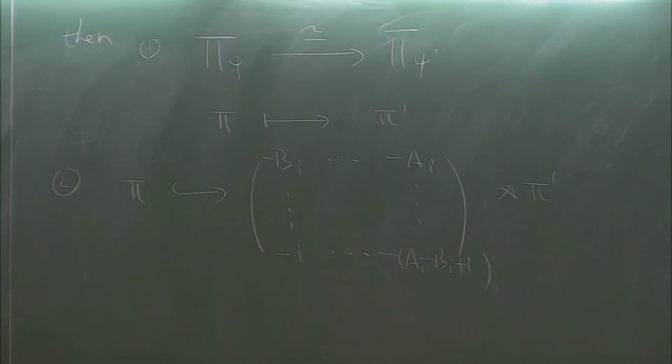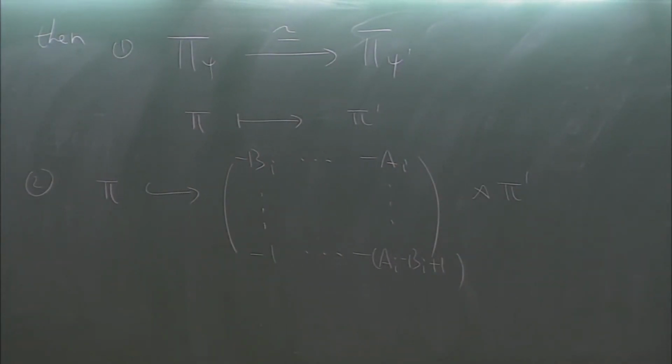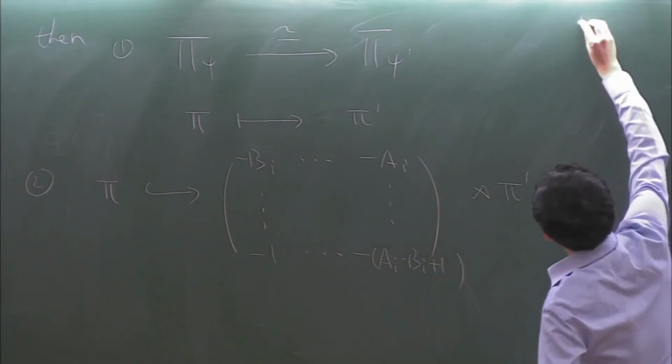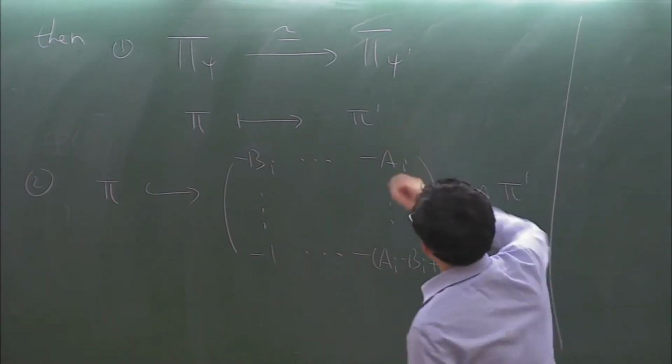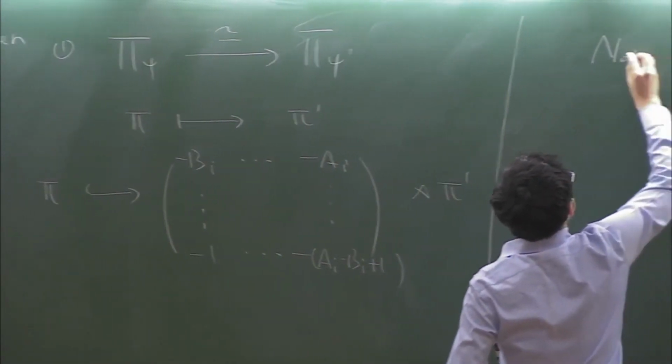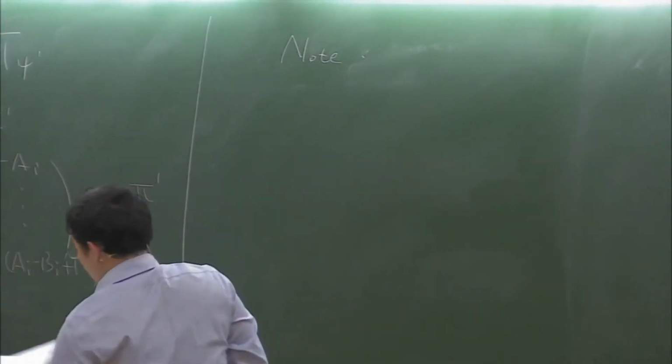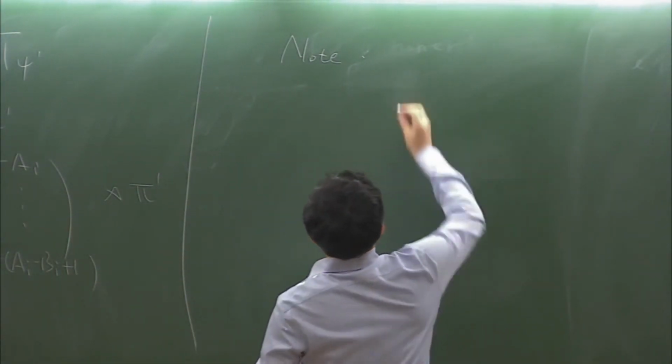So we're now reducing to the case of psi prime. And to treat psi prime, just note that not only are they all plus, they also have the following properties.